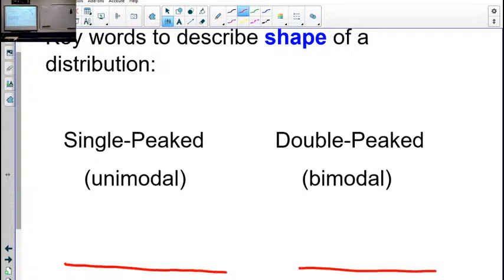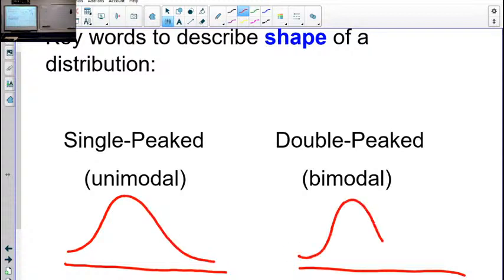Some words that you might see for some of these distributions are talking about modes. So we have this word unimodal and bimodal. A unimodal distribution just has one peak versus a bimodal, which would have two peaks, like that.